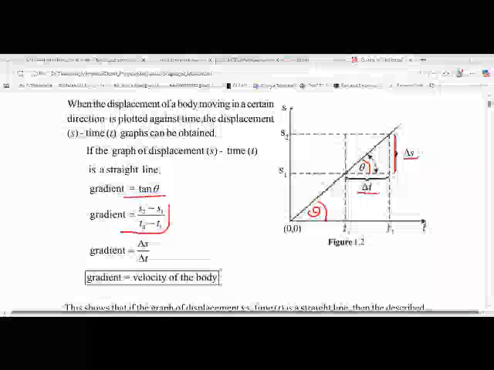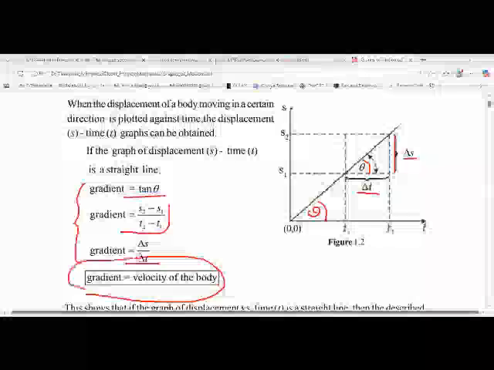Okay. Then you can write gradient as S2 minus S1 over T2 minus T1, or delta S over delta T. All are same. These three types are same, representing gradient. Gradient equal to velocity of the body.